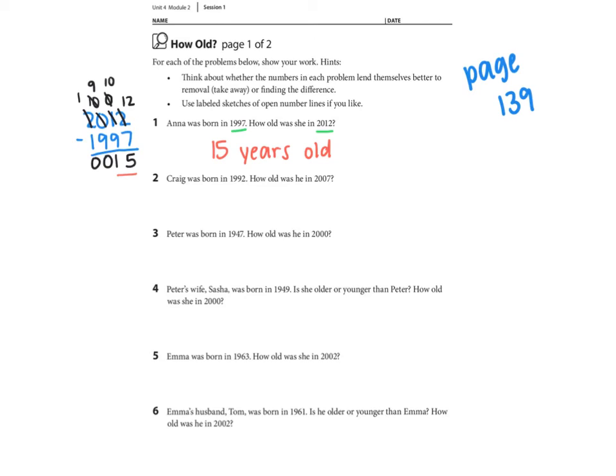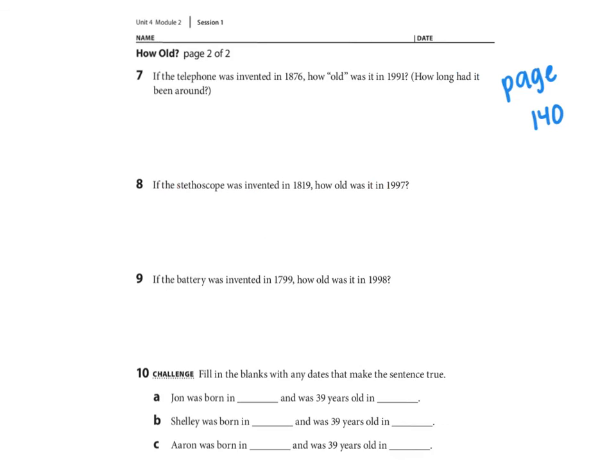So you are going to go through the remainder of this page, page 139, and answer the questions. Make sure that you put the biggest number on top. Then you will complete page 140.